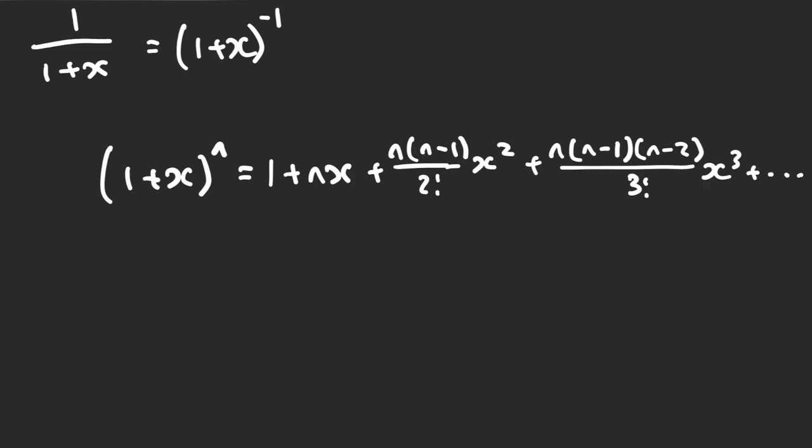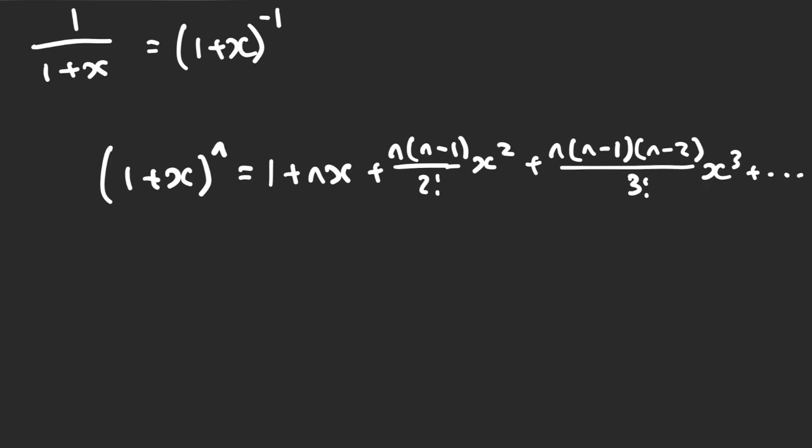Now we only use this form if n is either a fraction or a negative power. If it's a regular whole positive integer, then you would use the other, simpler binomial theorem. However, we're going to be using this one because we've got a power of negative 1, so we're going to be using the binomial expansion of this form.